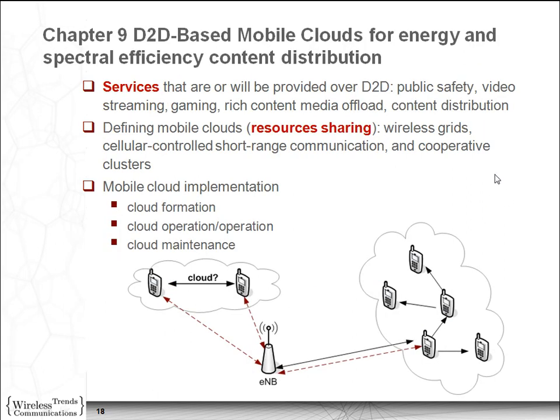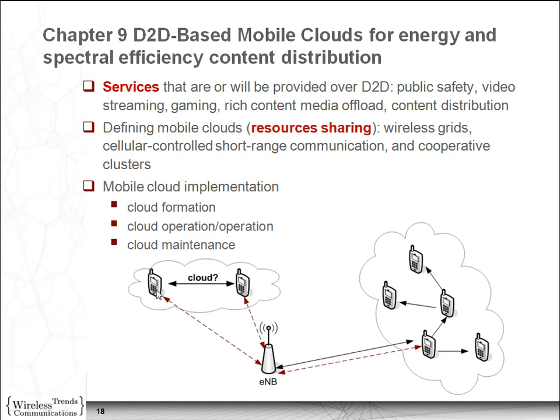Chapter number 9 is going to introduce a concept that is called mobile clouds, right? And they have this nice discussion about resource sharing. So the idea here is that the eNodeB or base station has some information to transmit here, and what is the best way for them to find each other?